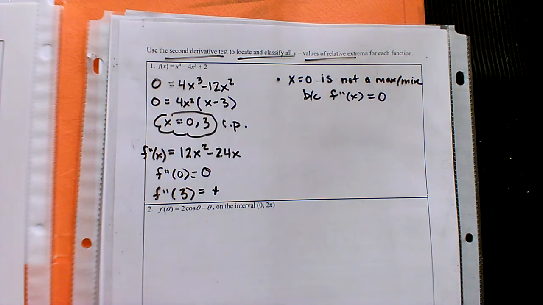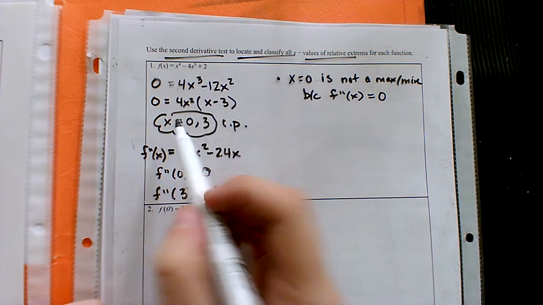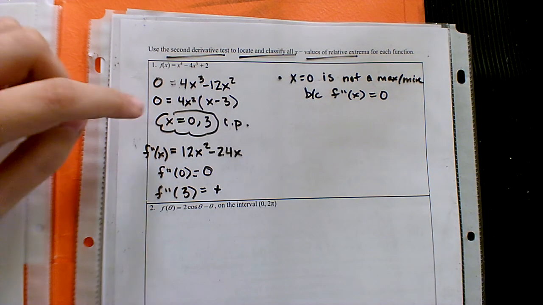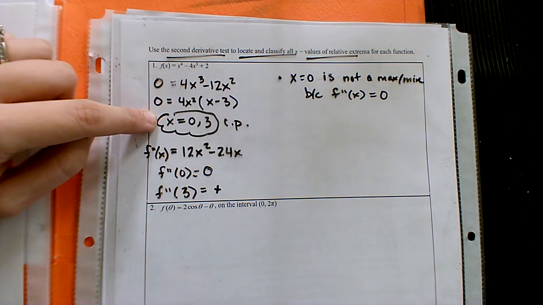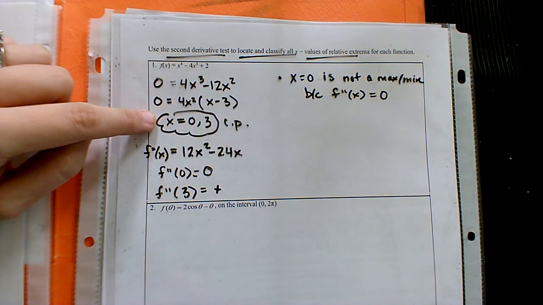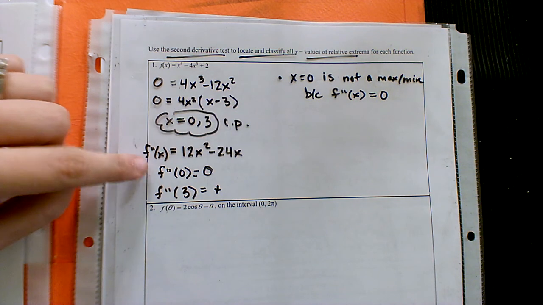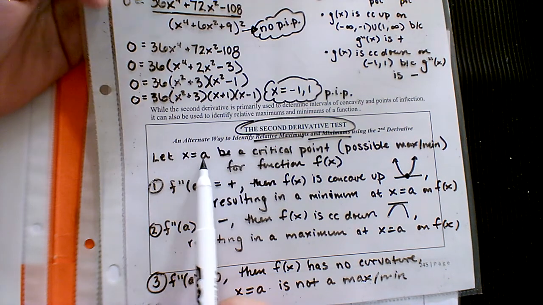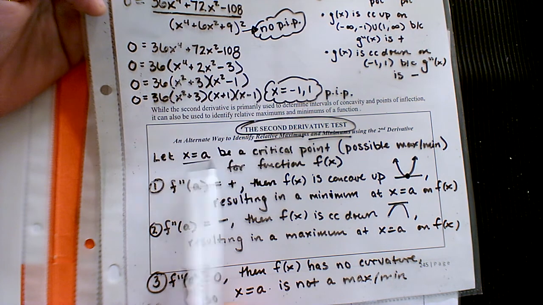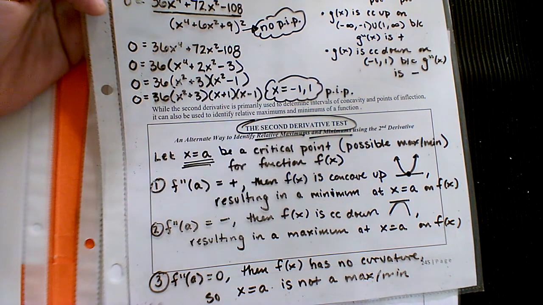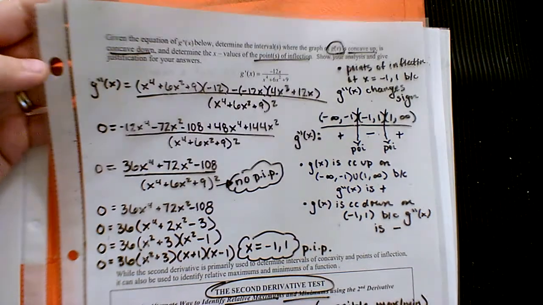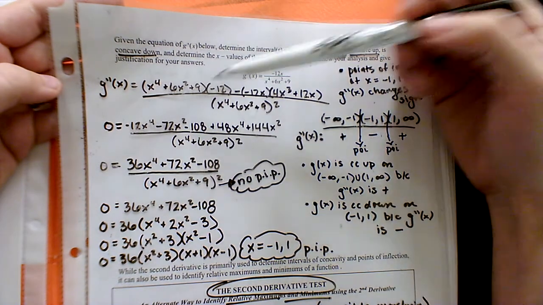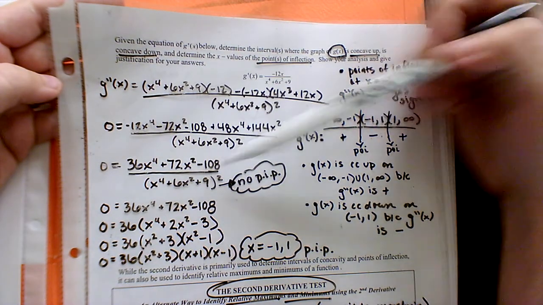I'm a little off the path here. So when we took the critical points of the first derivative. And then on the other page, did we do the same thing or did I write it down wrong? So we assumed that x equals a is a critical point. So this would come from the first derivative like we did. I was talking about the one up top. Is that a whole different thing? This is a different thing. So we found the second derivative and set it equal to 0.